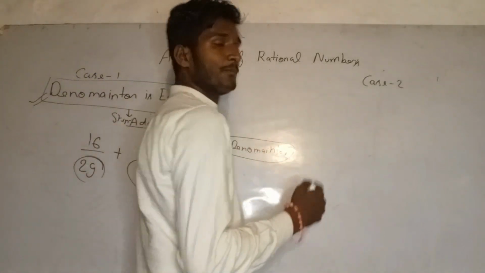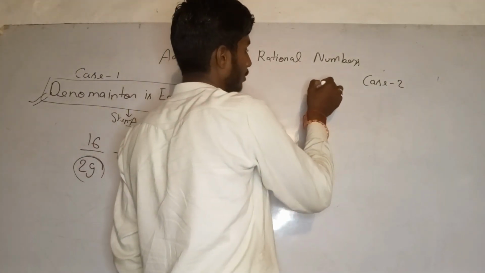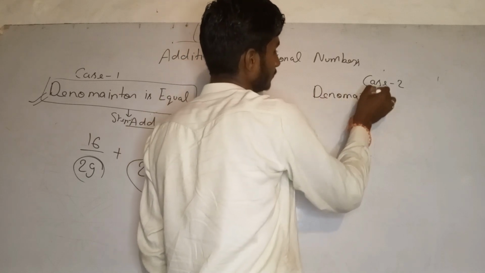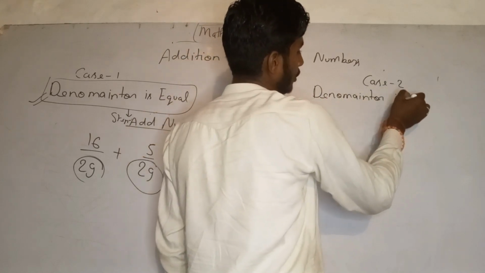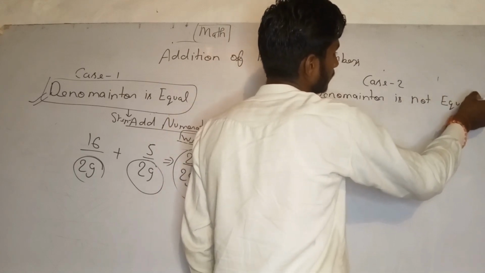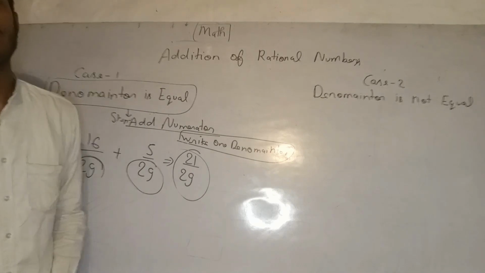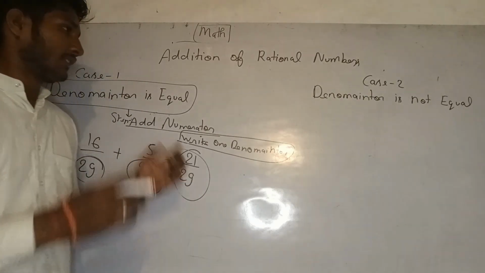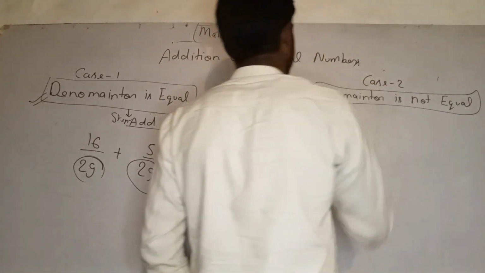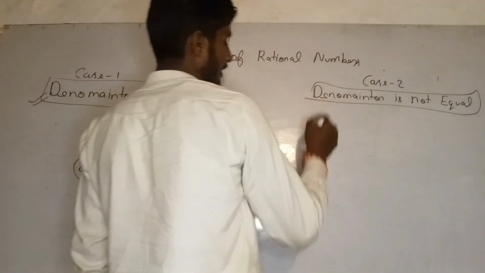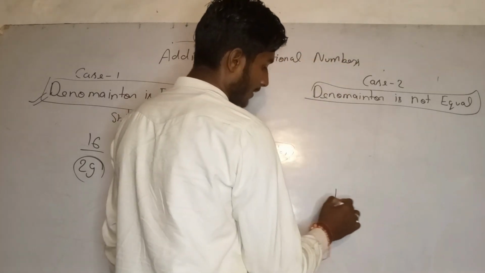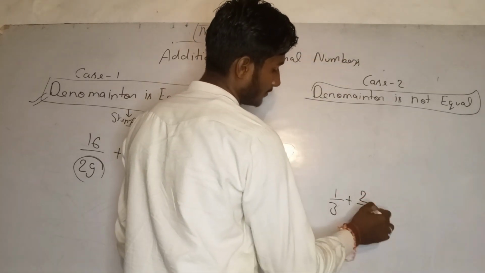And case 2 is when the denominator is not equal. Suppose we take an example: 1 upon 3 plus 2 upon 5.